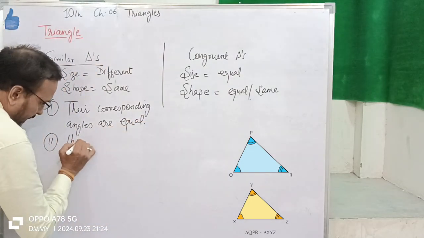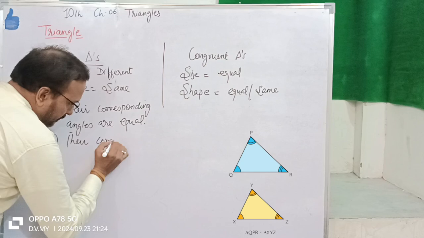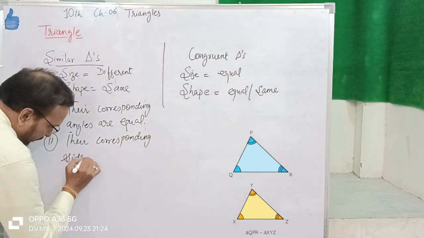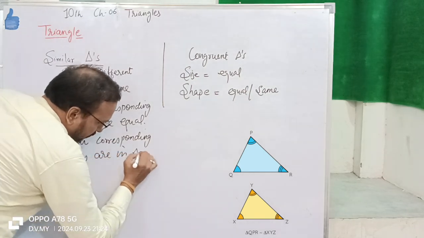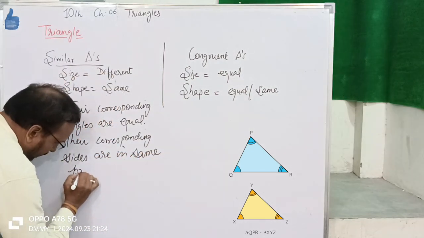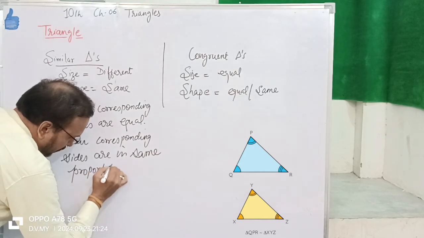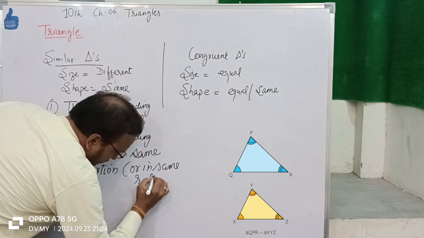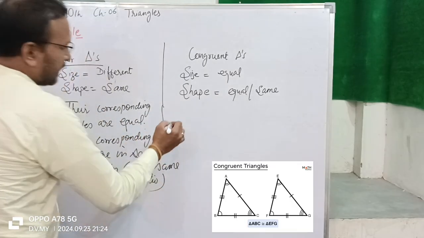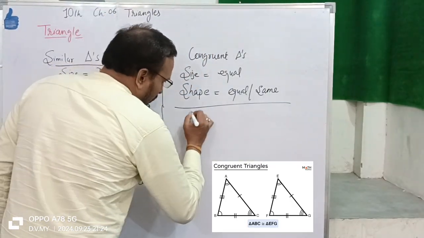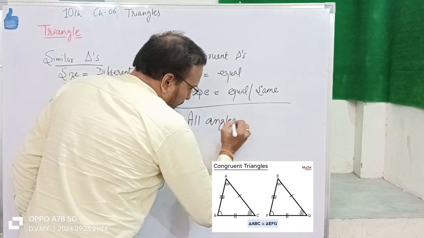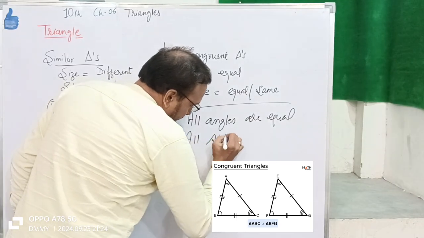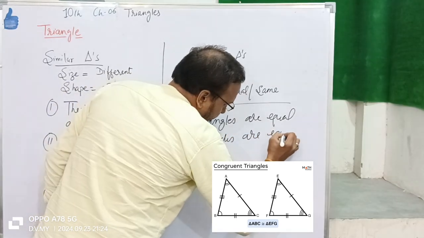Second point, their corresponding sides are in the same proportion or in the same ratio. But on the other hand, in congruent triangles, all angles are equal and all sides are equal.